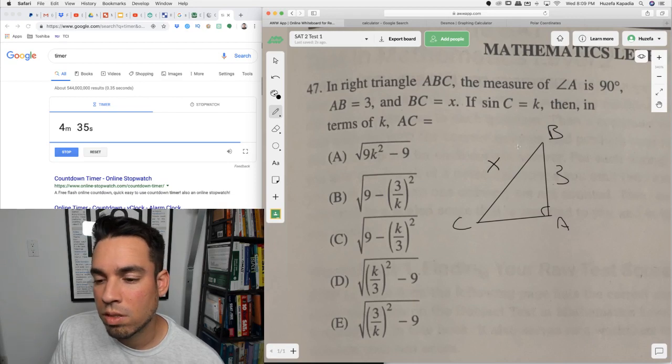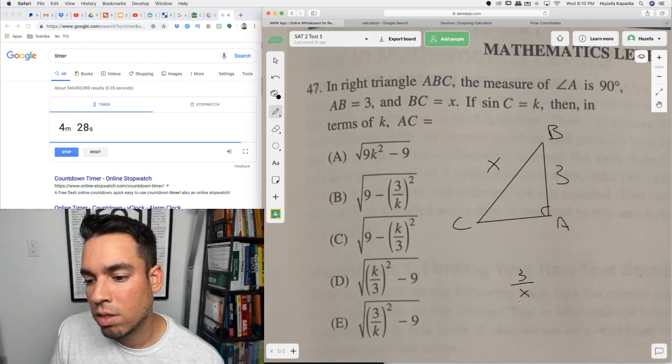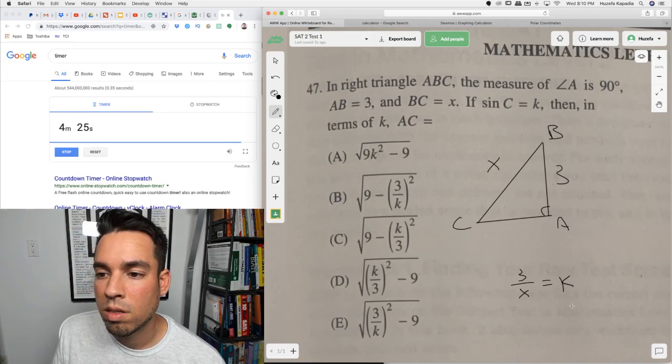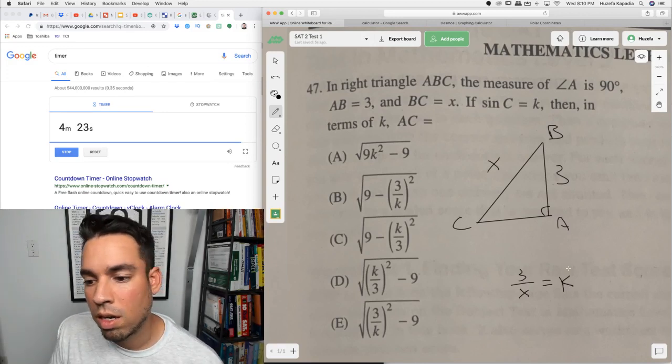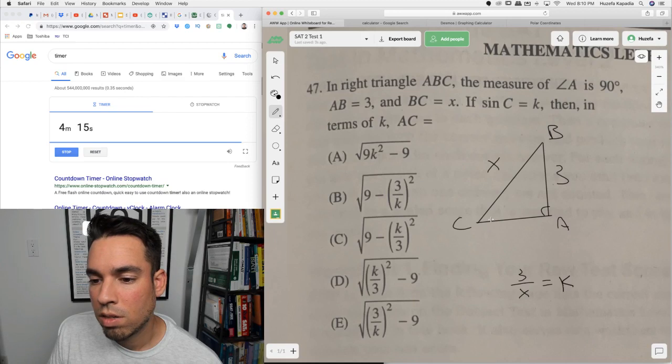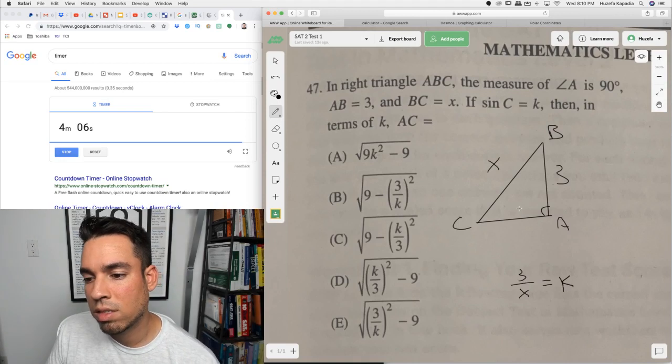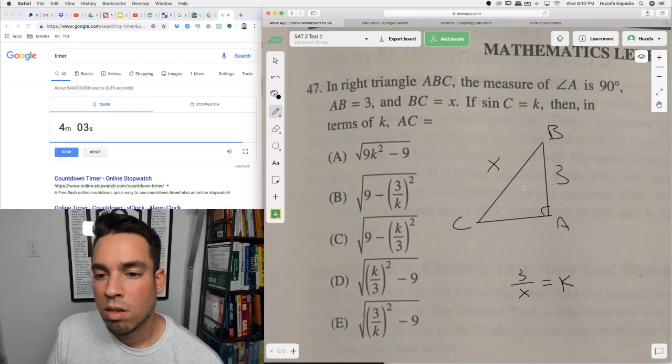BC is X. If sine of C equals K, then 3 over X equals K. Then in terms of K, sine of C equals, no, sorry, 3 over X. Yeah, that's right. So 3 over X equals K.